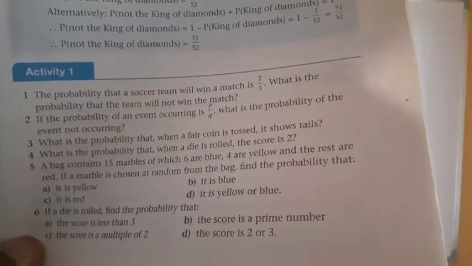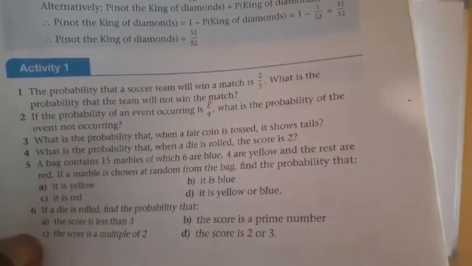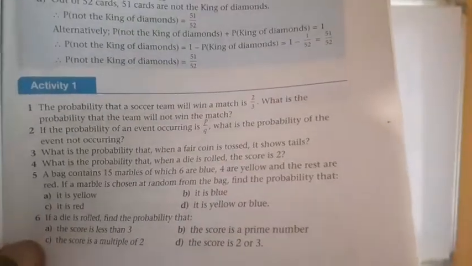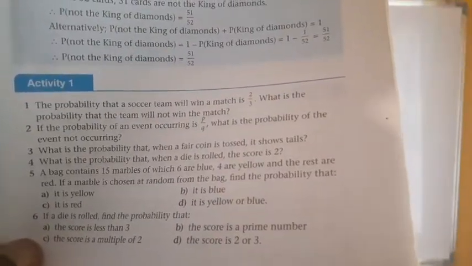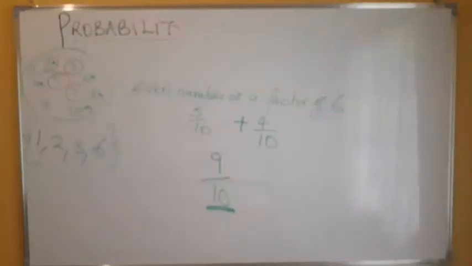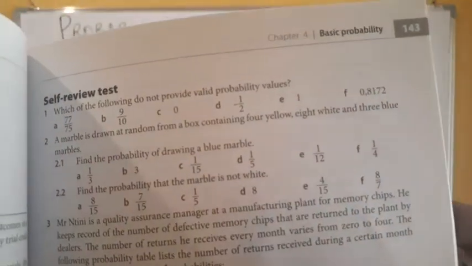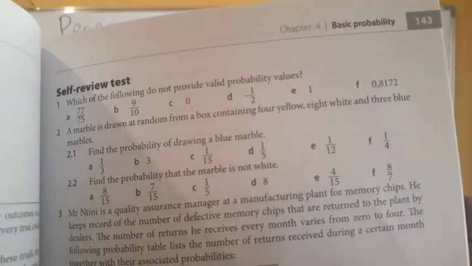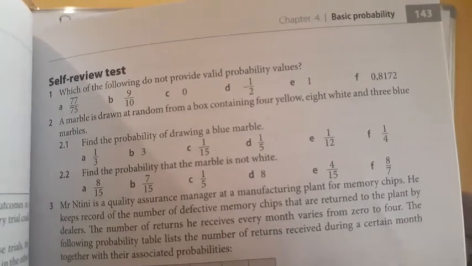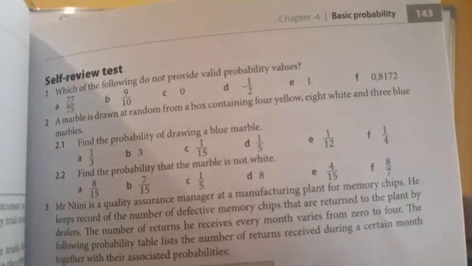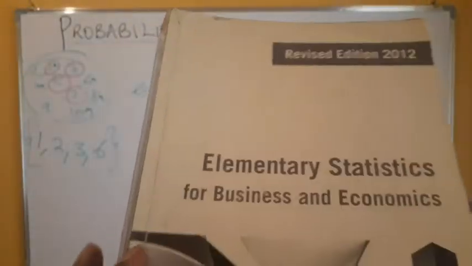But if you want, you can do the rest. Those are the questions that I want you to handle. You can also look at these questions here just for practice, question 1 up to 2.2. These are just there for practice in this book.